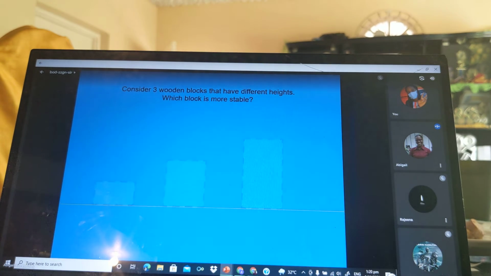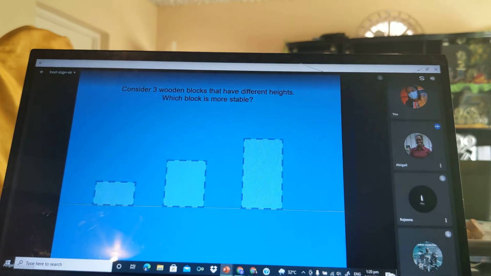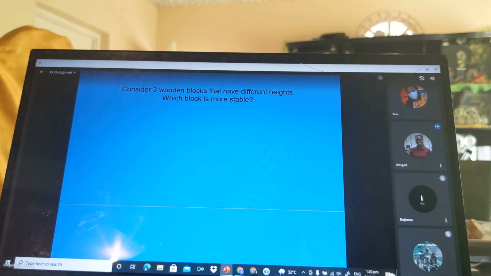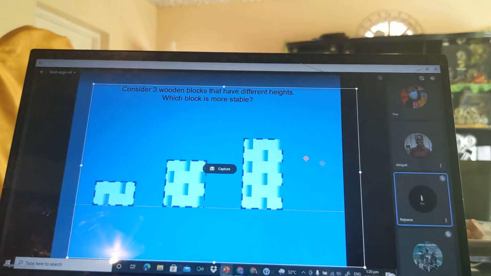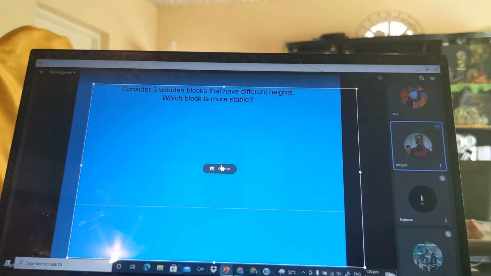Basically, if we look at these 3 blocks here that have different heights, which of the blocks would be more stable? The first one, let's say.